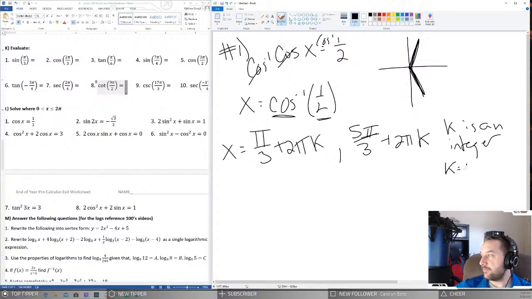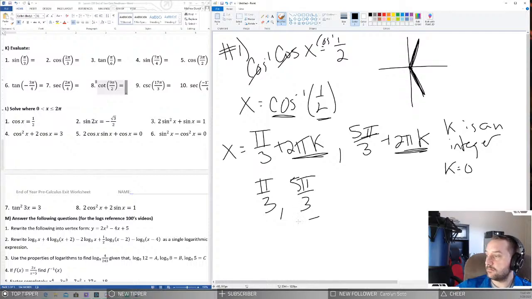So for example, if I plug in 0 for k, I'm going to get pi thirds. If I plug in 0 for k, I'm going to get 5 pi thirds. Now if I plugged in 1, pi thirds plus 2 pi k is greater than 2 pi, so I don't need to test anymore.